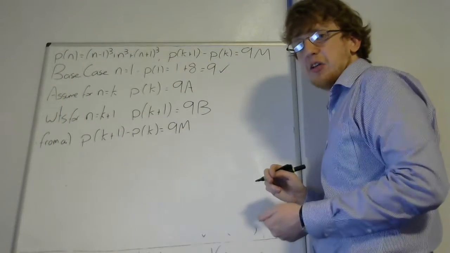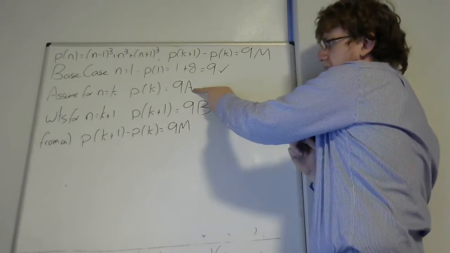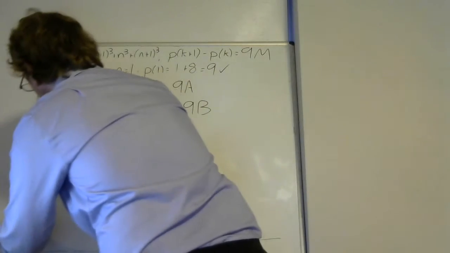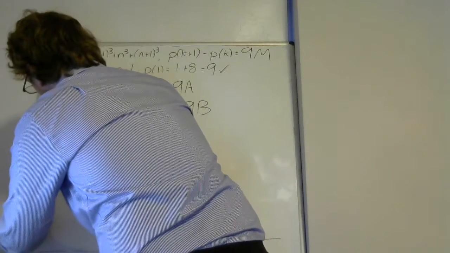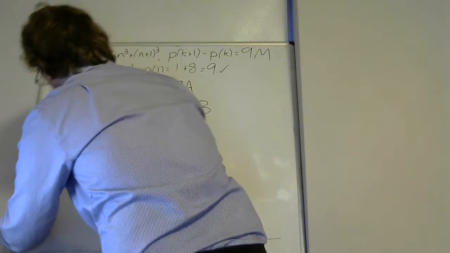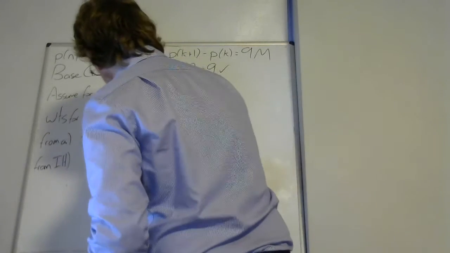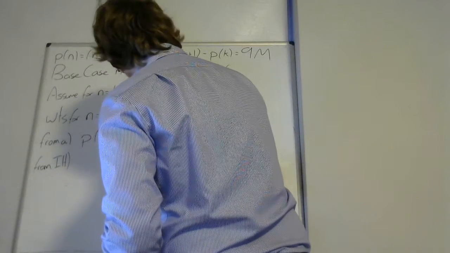That's the first fact we're going to use. Now from our inductive hypothesis, so from IH, you should write out inductive hypothesis, P of k is equal to 9a.